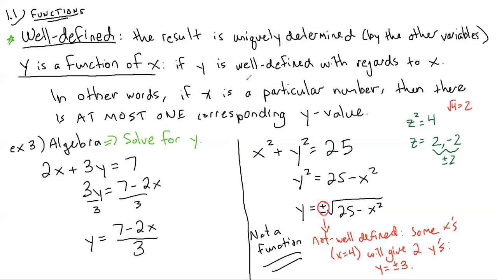Now over here on the left, if I plug in x, it doesn't matter what x is, I'm going to follow order of operations. I'm going to multiply by 2. And then I'm going to subtract from 7.